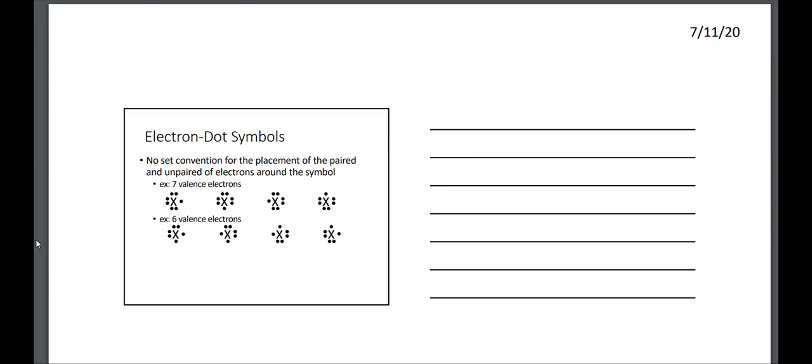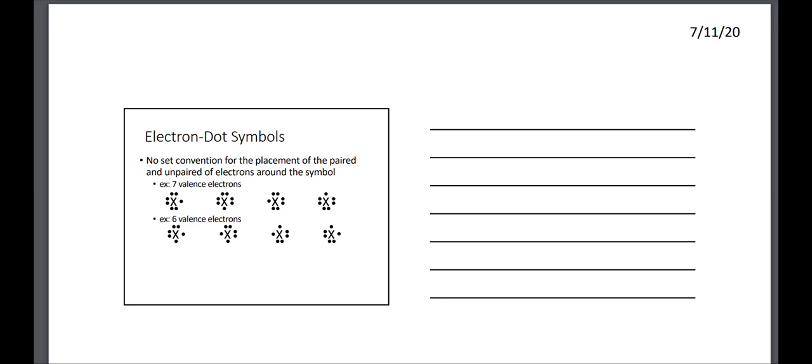There is no set of rules written in stone when it comes to how to place your paired and unpaired electrons, but just make sure that you pair your electrons once you have filled all sides.